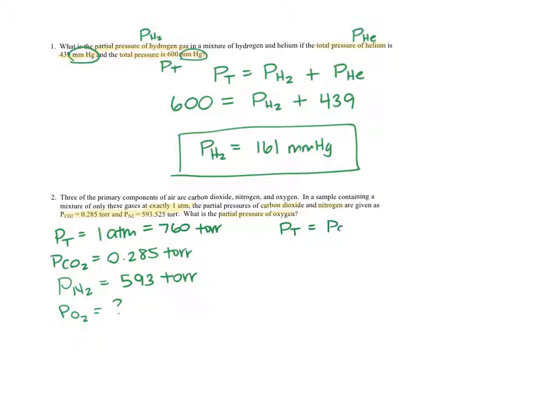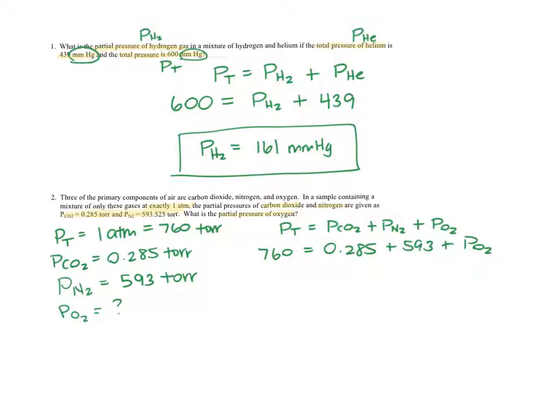So I'm going to write up my formula again. PT is going to equal PCO2 plus PN2 plus PO2. And then I'm going to go ahead and plug in. So I have 760 equals 0.285 torr plus 593 torr plus what I'm solving for, PO2.